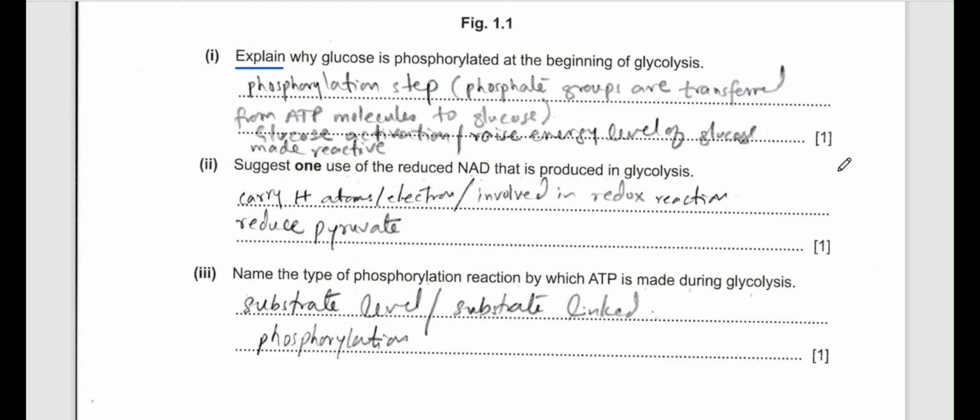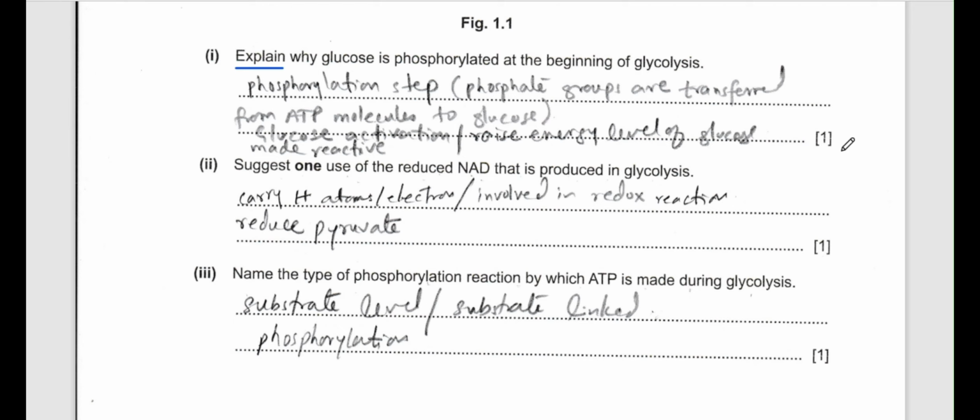For example, if you see this question is scoring only 1 mark. So for 1 mark, we do not need to write a very big story. We need to be very brief, but at the same time, very clear and to the point, and we should give the most appropriate answer.